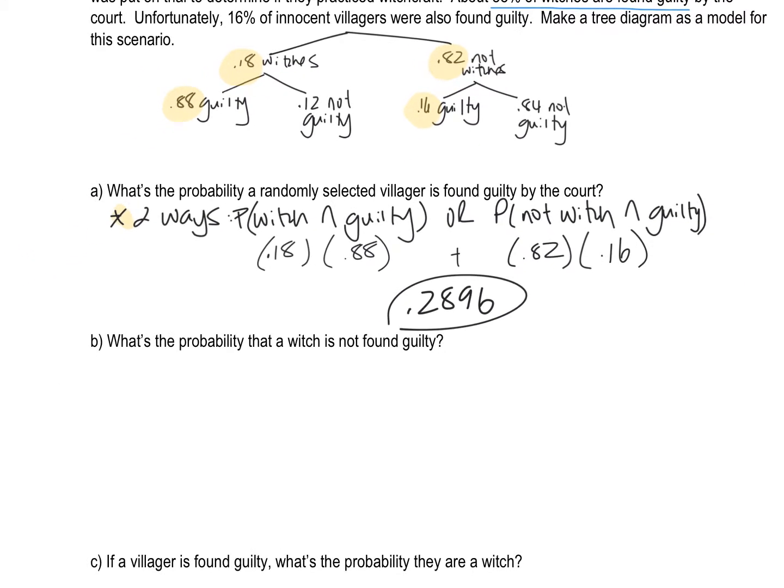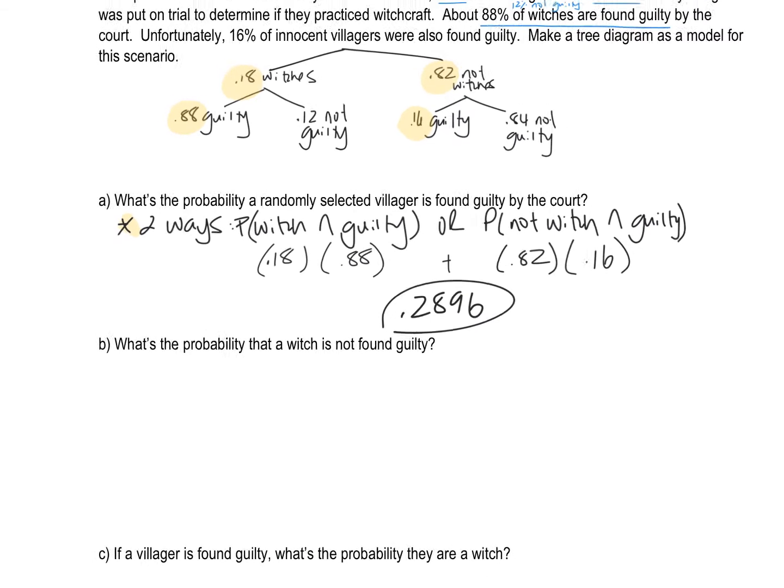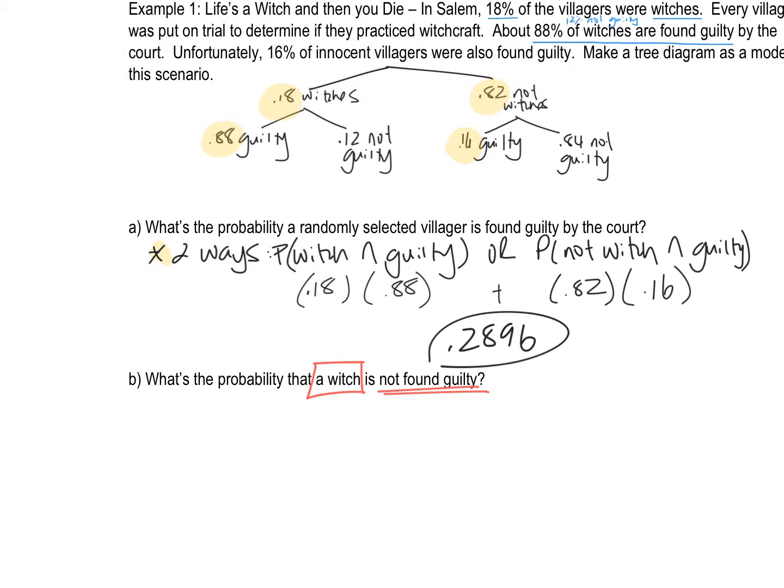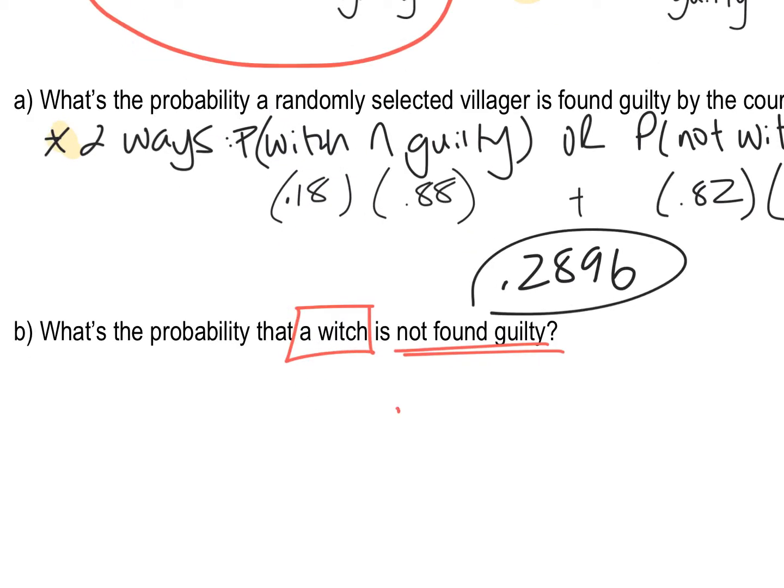Okay, so the next question is, what's the probability that a witch is not found guilty? And so this is our given condition. We're only looking at witches here. Not guilty. So if we're only looking at witches, we're only looking at this part of the tree. And it's already divided up into 88% and 12%, so not guilty is just 0.12.